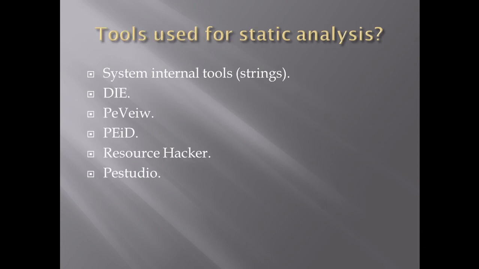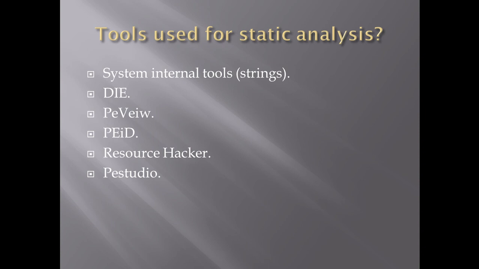There are some tools we use for basic static analysis. Some tools will give you useful results, other tools will not. It depends on the file itself, or as I told you, on the malware itself. Some malware is complex, other malware is not. For example, we use Strings, or even the Sysinternals tool. The purpose of this tool is to list the strings of the malware, and from these strings you can get, for example, the second stage payload, or any useful APIs or functions of the malware.